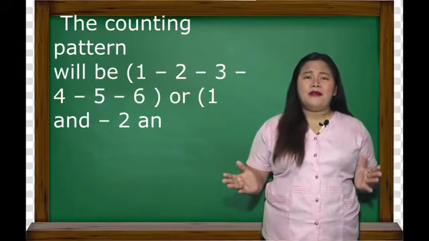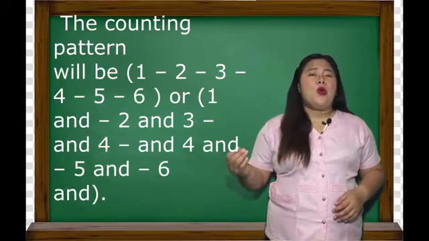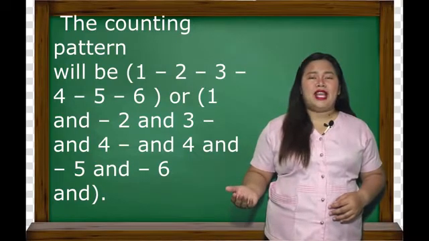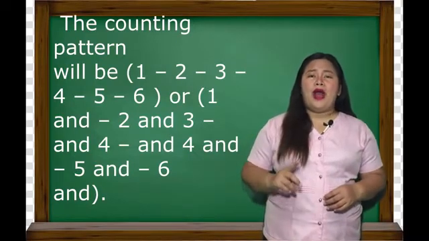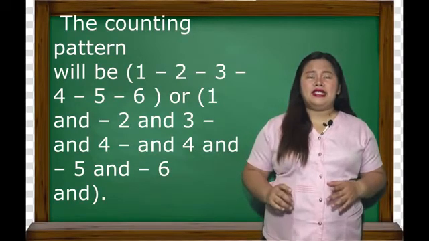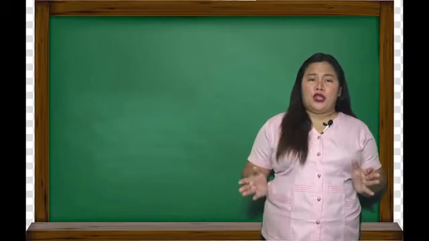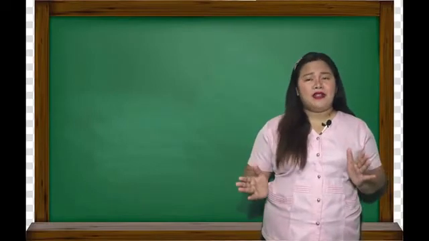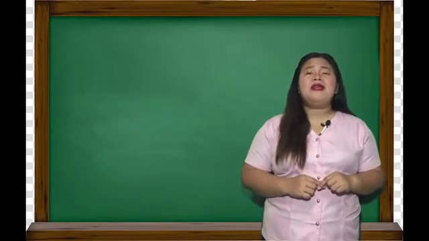The counting pattern will be 1, 2, 3, 4, 5, 6, or 1 and 2 and 3 and 4 and 5 and 6 and. You can also use hand clapping to emphasize the counting patterns in 6/8 time signature.